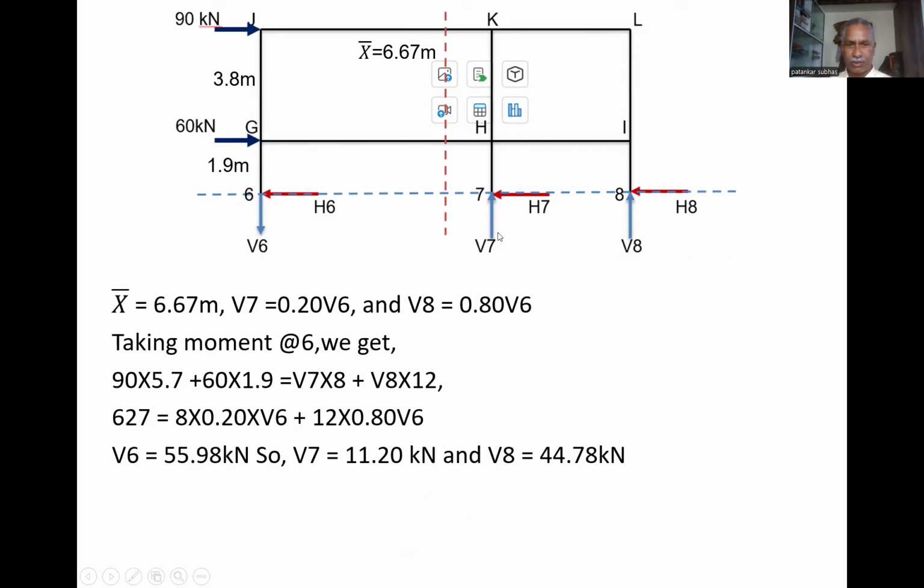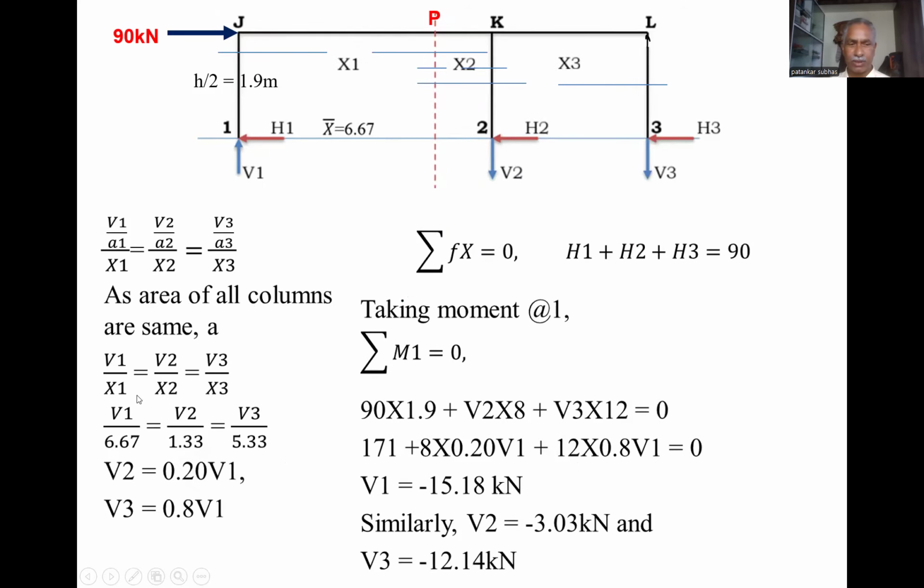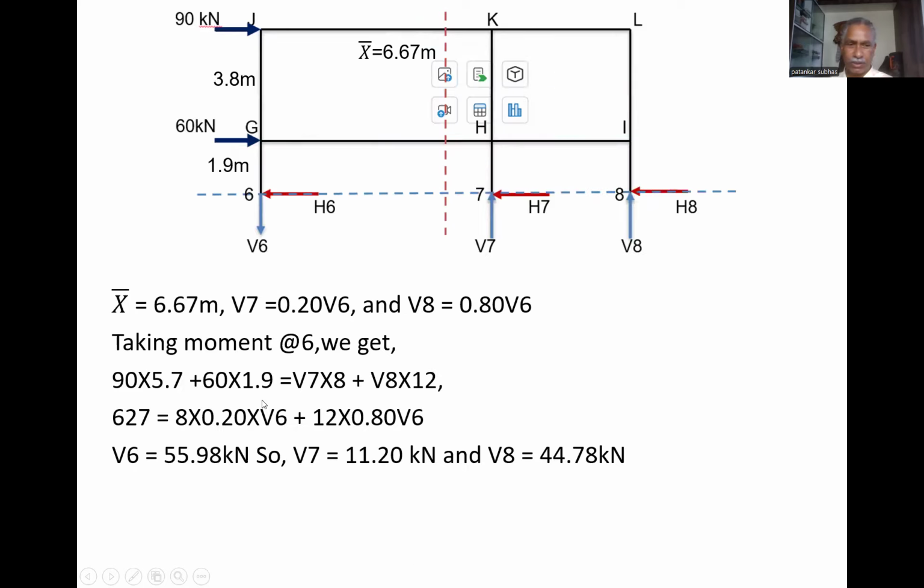Here we have considered V6, V7 and V8 for nodes 6, 7 and 8. So again the proportion of V6, V7 and V8 is similar to the previous one. So we get 0.20 times V6 for V7 and V8 is equal to 0.8 times V6.